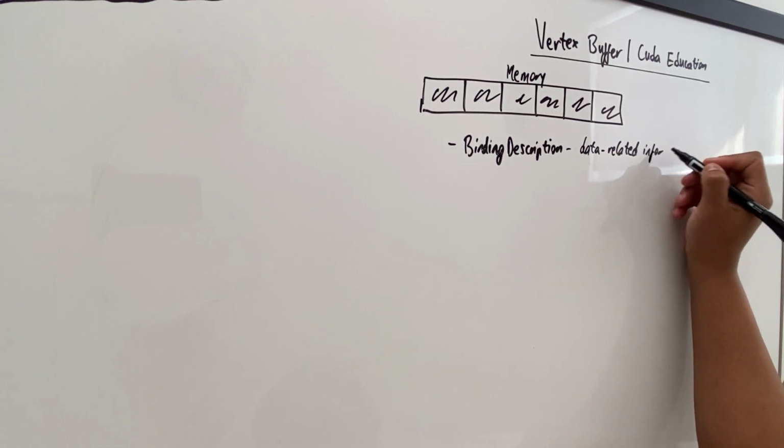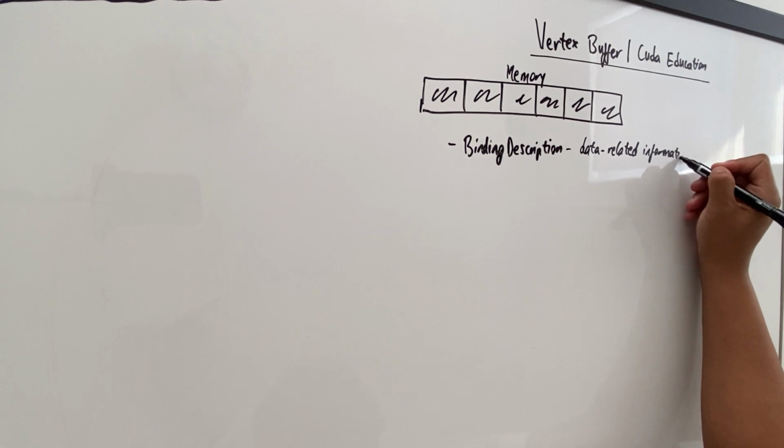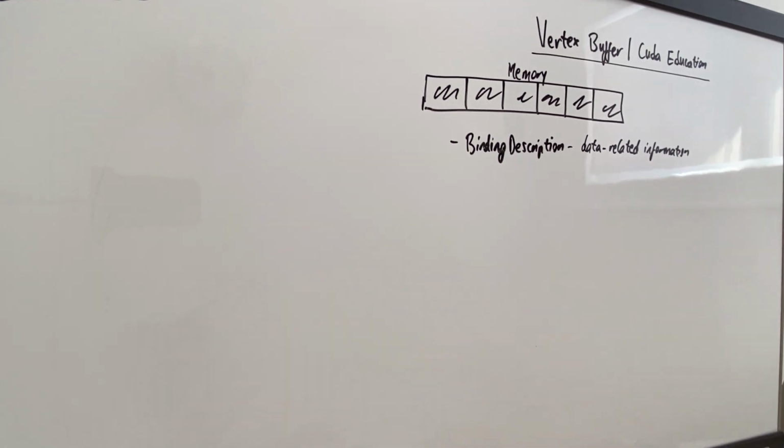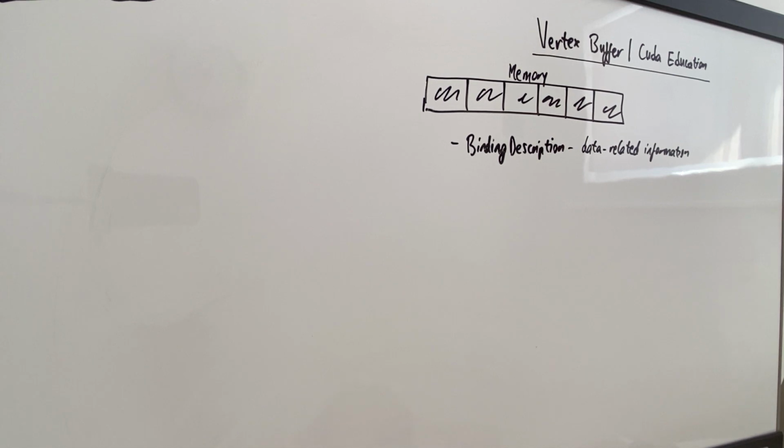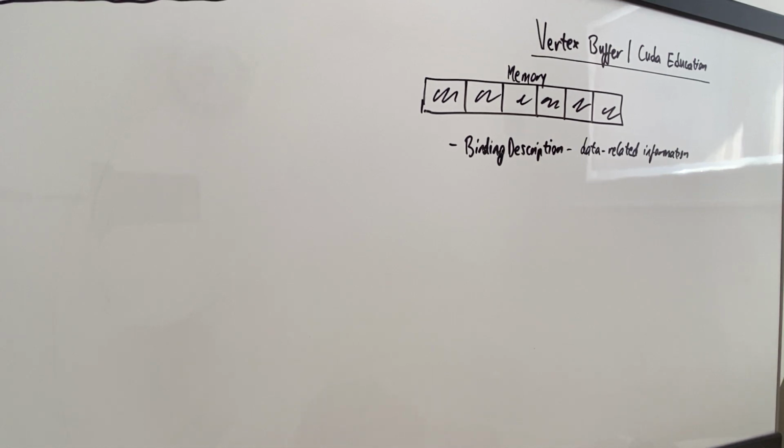So we're talking about how fast should we load data from the vertex buffer into our application, the number of bytes between data entries, whether data entries are segmented by each vertex or by each instance, right?